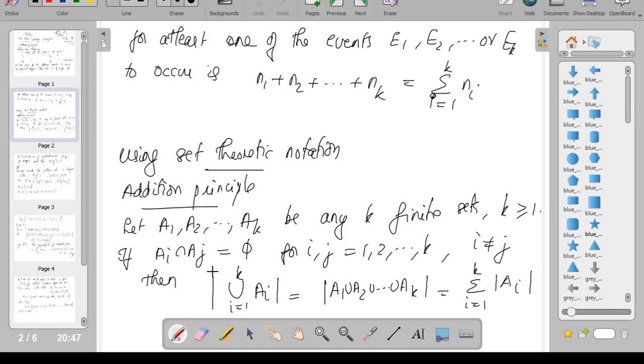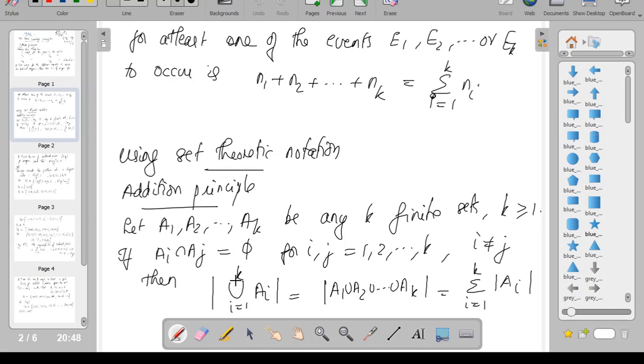Now, as we said, in set theoretic notation, here you have pairwise disjoint sets a1, a2, etc. ak. When they are pairwise disjoint, ai intersection aj is equal to the empty set. Here we are looking at the cardinality of a1 union a2 union ak. The cardinality of a1 union a2 union ak will be the sum of all the cardinalities of the sets, that is summation i equal to 1 to k of cardinality of ai.